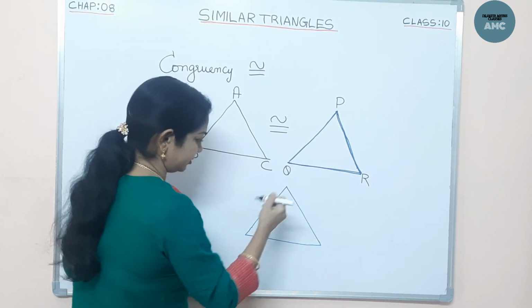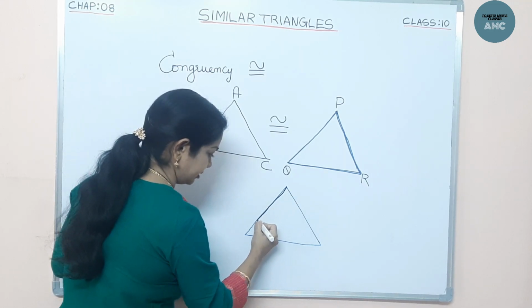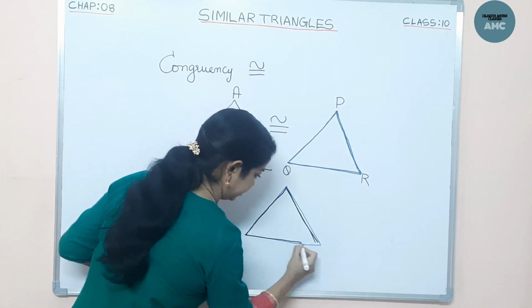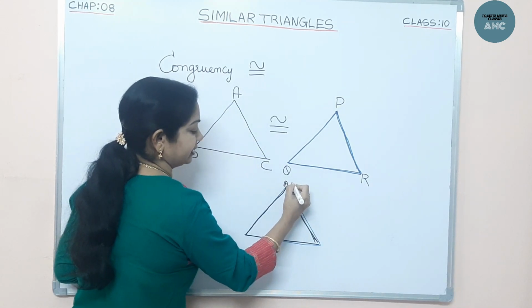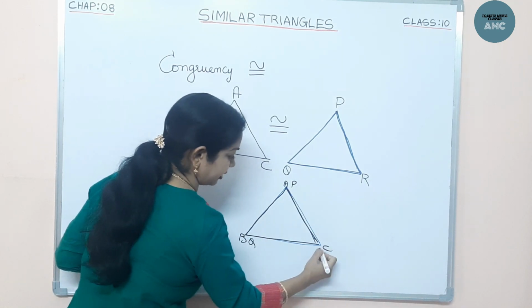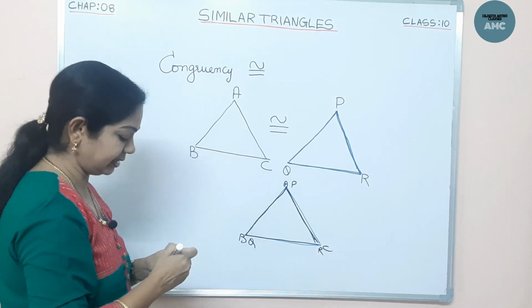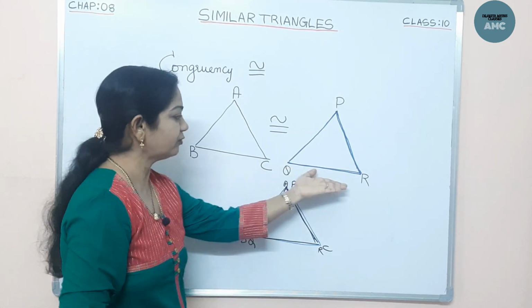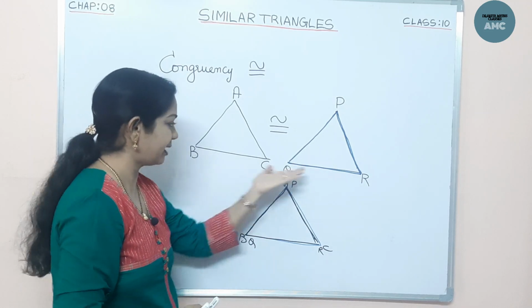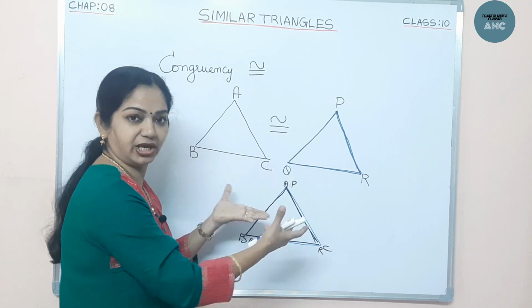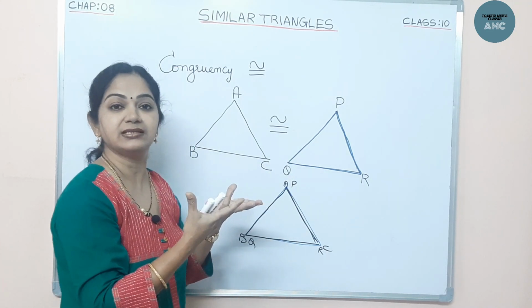There won't be any distortions like this. Here, I have overlapped A, B, C as well as P, Q, R. So both of them are having the same angles, same sides. That means they are having the same shape as well as the same size.